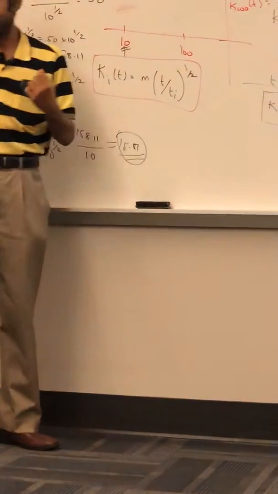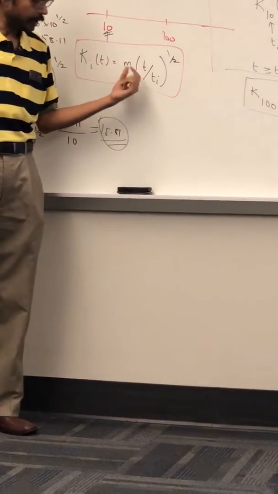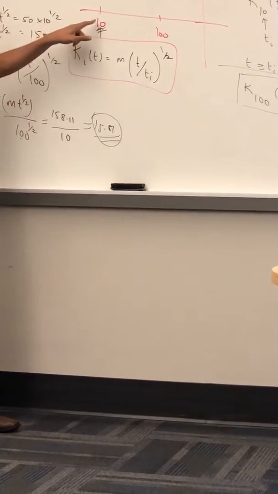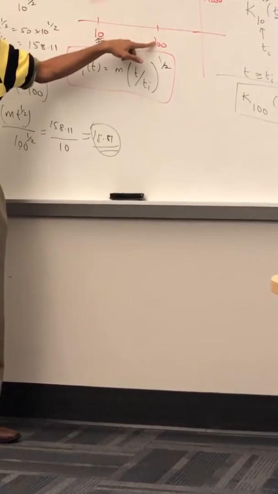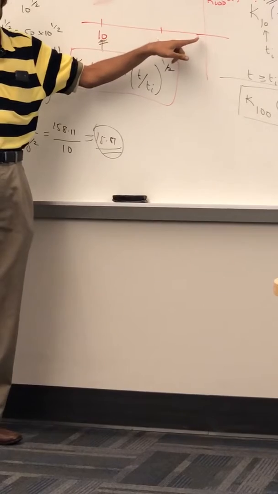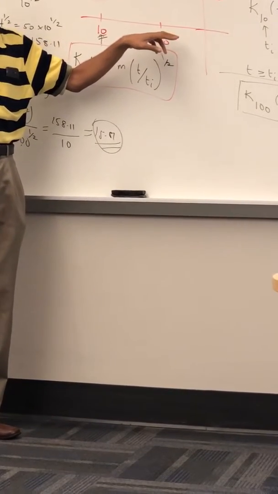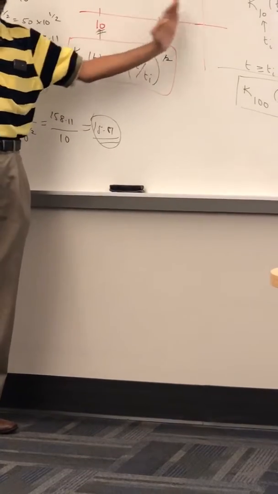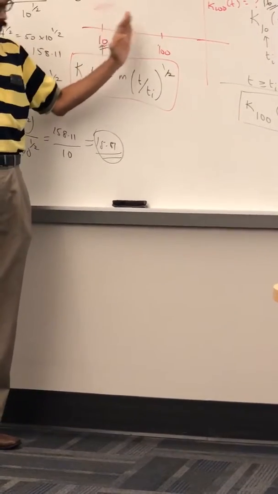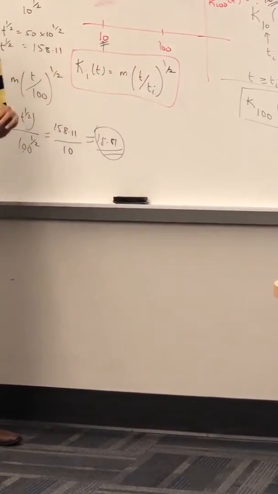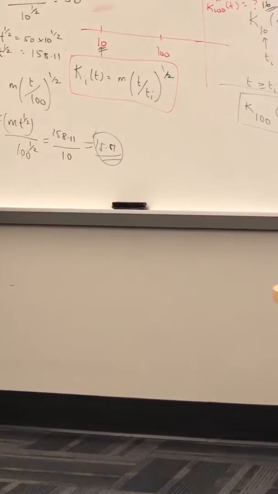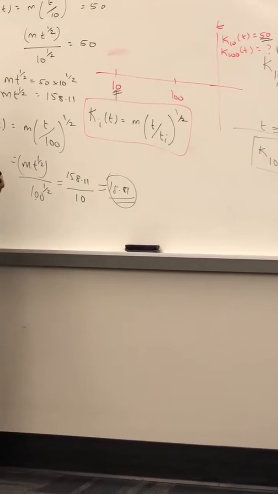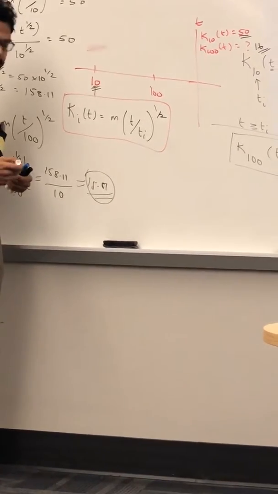It's a joining time. If the node joined earlier, its degree is going to be larger. So a node joined here and another node joined there. If it joined earlier, meaning less time, then at some future time its degree is going to be larger than the node that joined later. Yeah, that's what I'm saying.